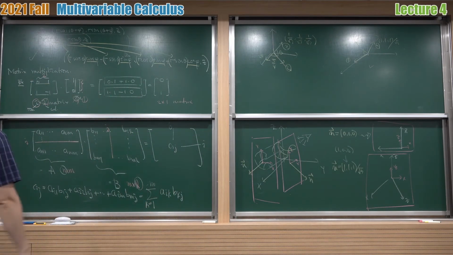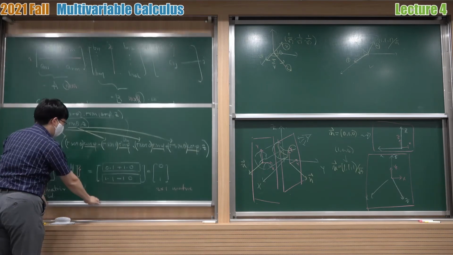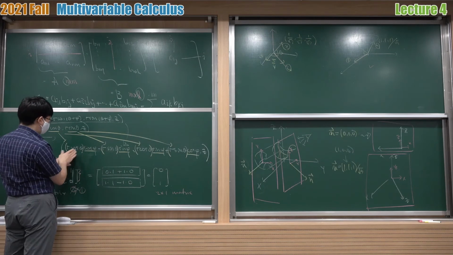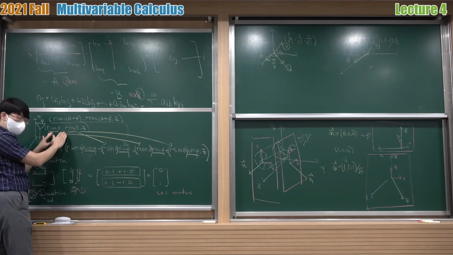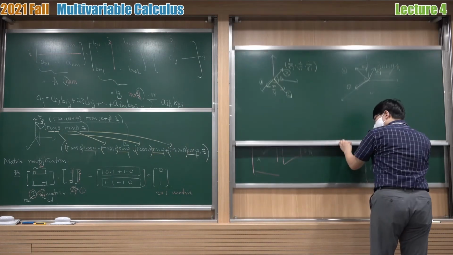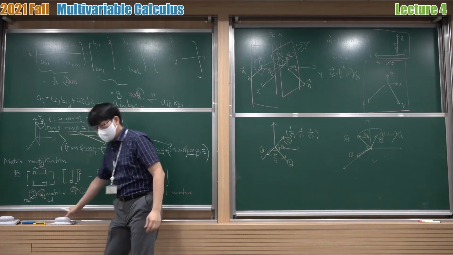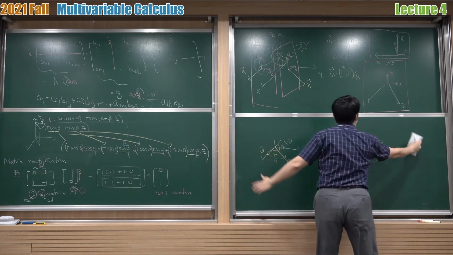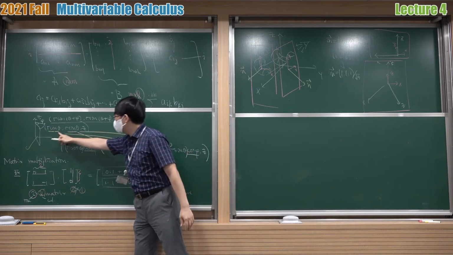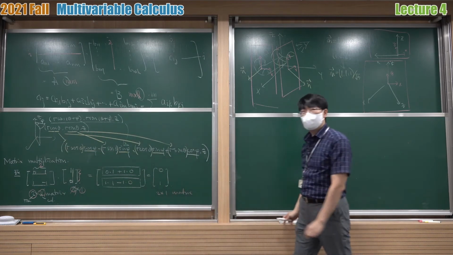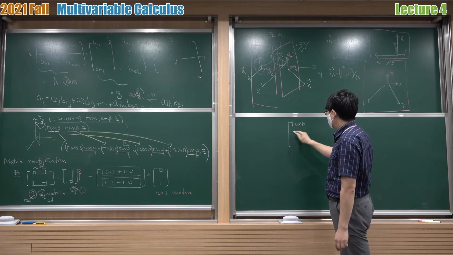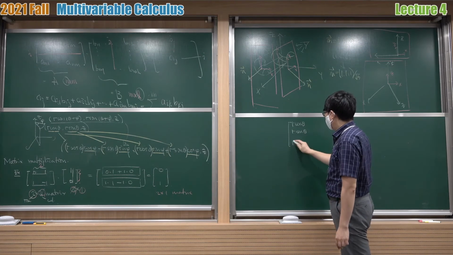Why do we need this? Go back to our purpose here. We have a new coordinate which is given by a linear combination of old coordinates. I want to make it a matrix multiplication. So let's take our old coordinates as a 3 by 1 matrix: r cosine theta, r sine theta, and z.